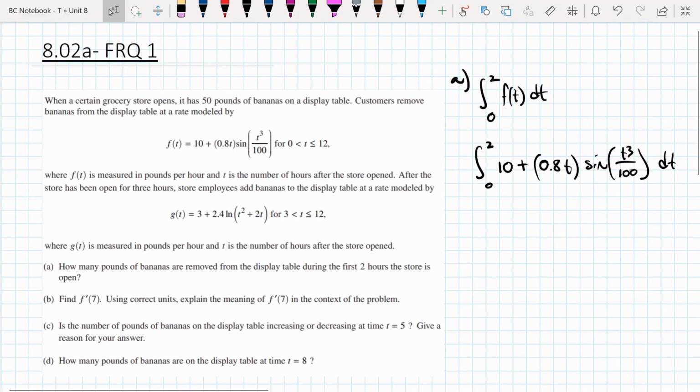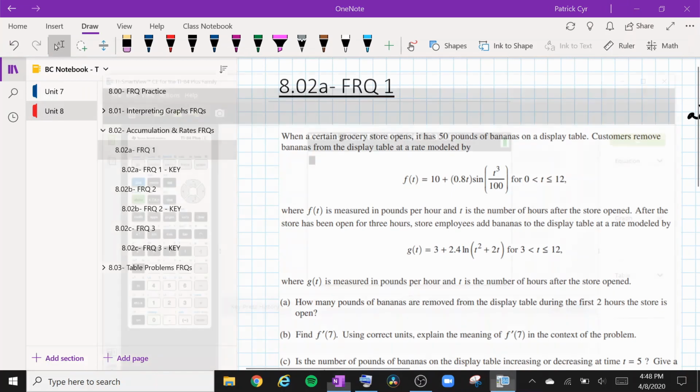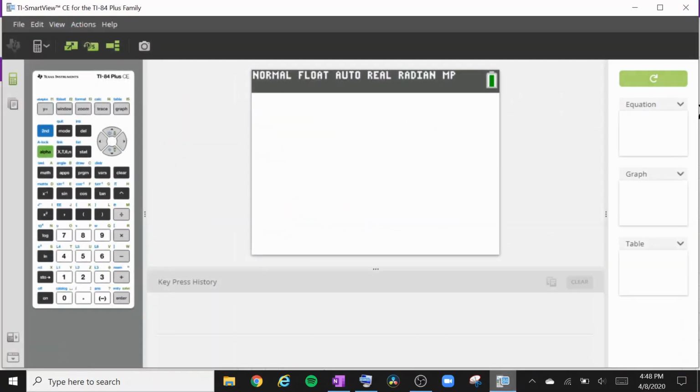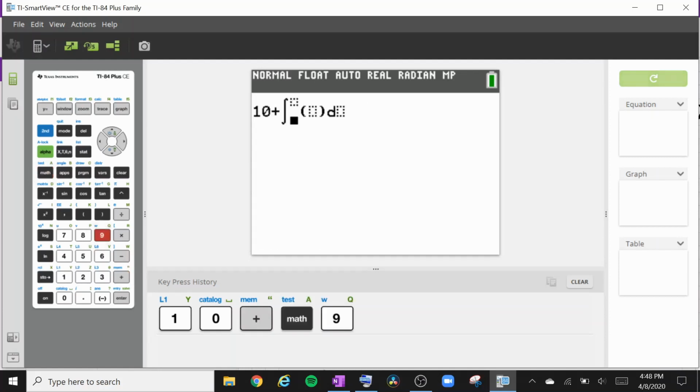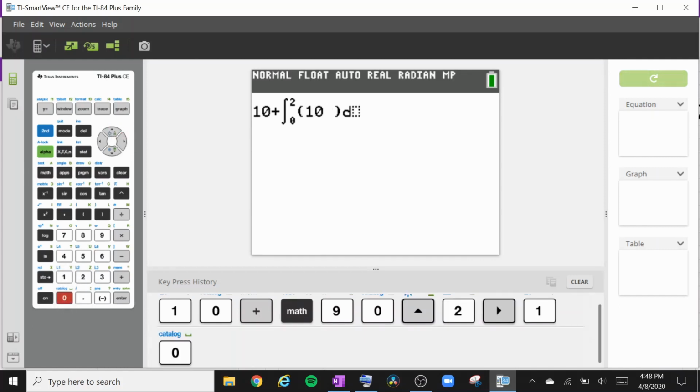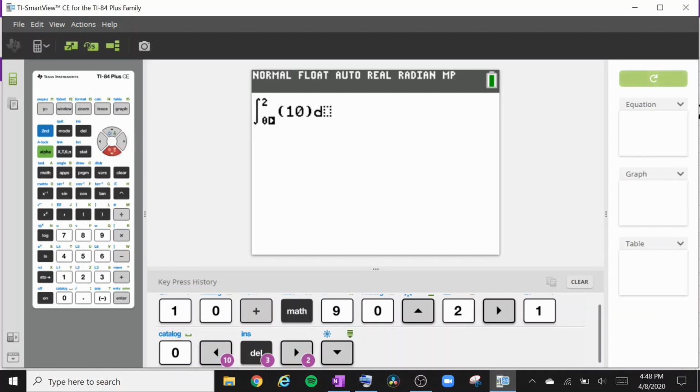All right, so in your calculators, let's try and evaluate this. So it's math 9, integral from 0 to 2 of, and the 10 plus goes here on the inside of the integral, and that will matter.